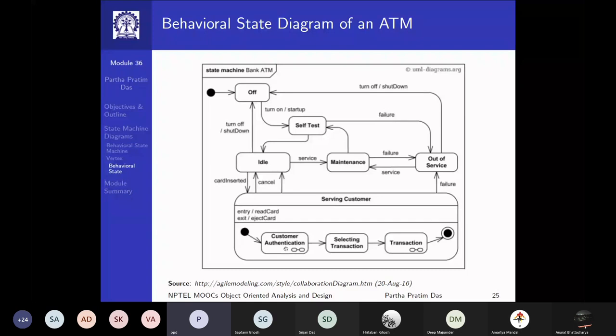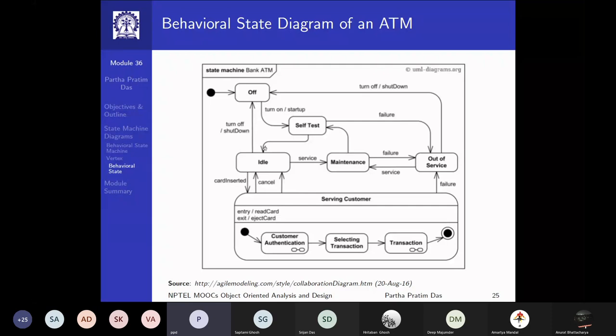And as you can see by this notation, we are not blowing up and showing it here, but it indicates that somewhere I will talk about this customer authentication substate, which in turn is a composite state that has further substates. Transaction has further substates and so on. So it goes on like that. Overall, when the servicing customer is done, either by cancellation or by successful completion, you get back to idle and remain in idle till you turn it off, which shuts down the machine and puts it back to off.